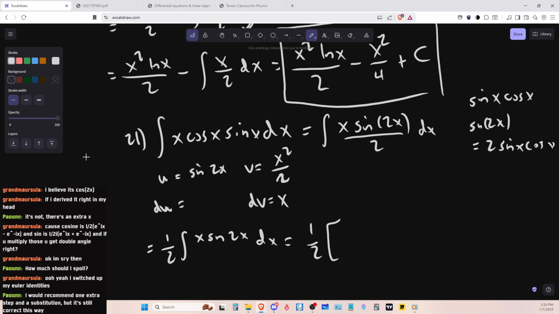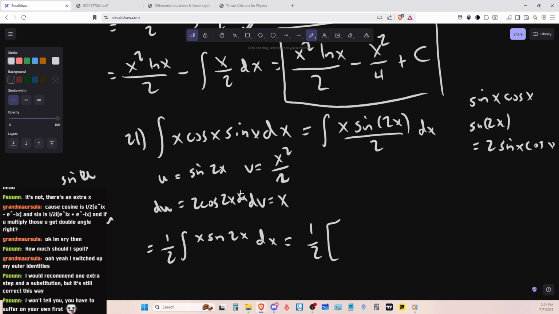So 2x, so if we do sine of u, that turns into cosine, and then that turns into 2, so 2 cosine u, so that would be 2 cosine x, and put a little dx there so we don't forget. Okie dokie.